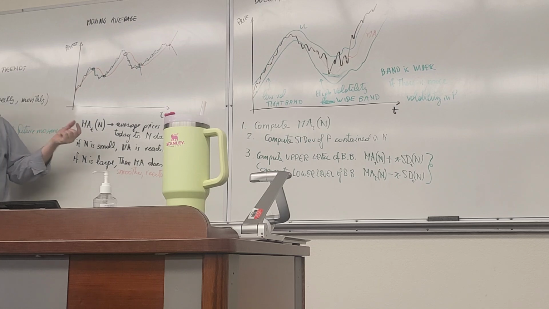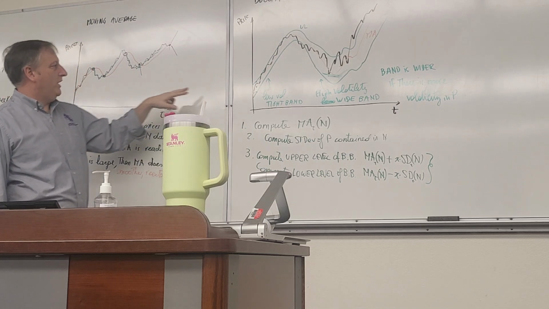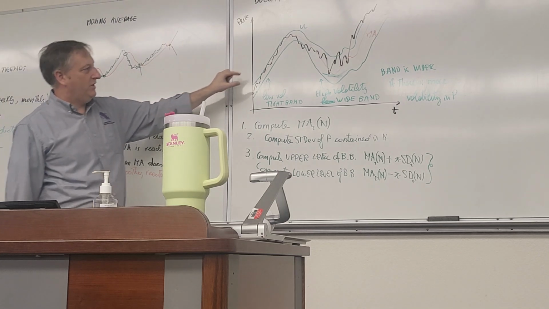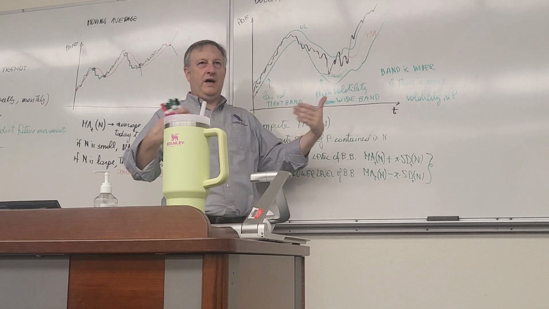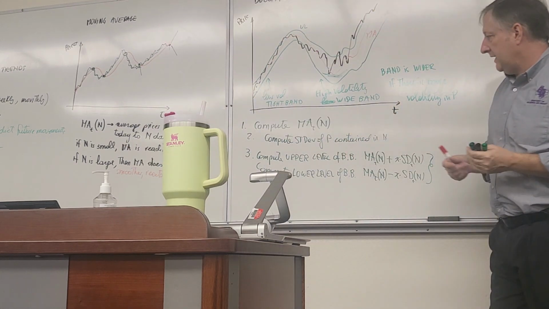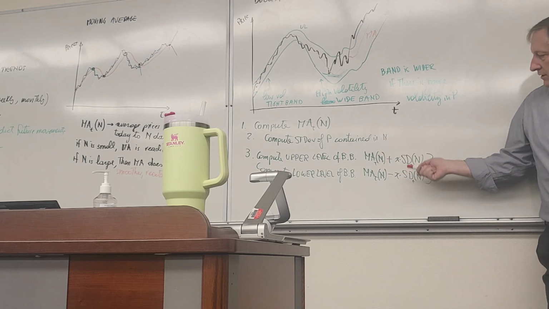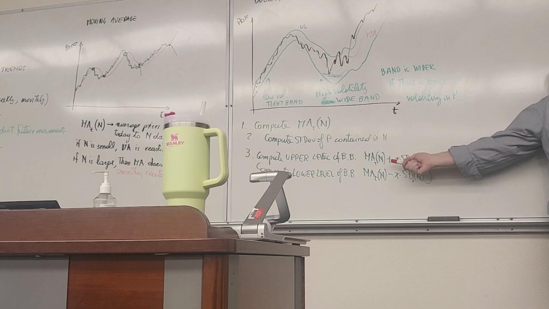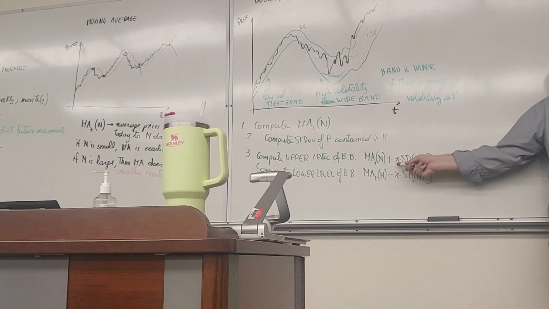So how do they use this thing? Well, they kind of use it the same way as the moving averages, except this gives a little bit more information about volatility, adds a kind of margin of error in your estimate. The problem is that you can arrive at completely different conclusions depending on how many days you add to the moving average and what multiple of the standard deviation you're adding to it.